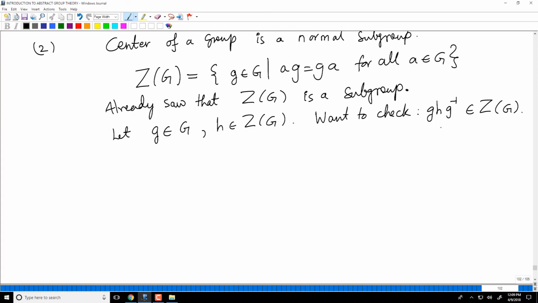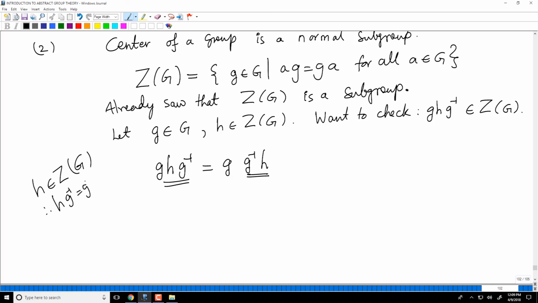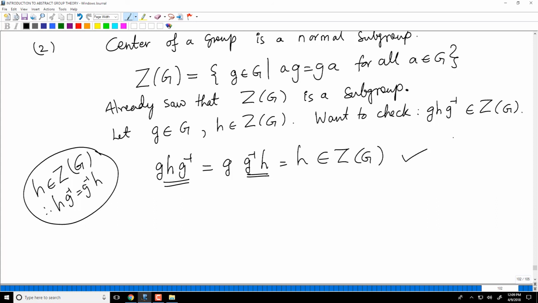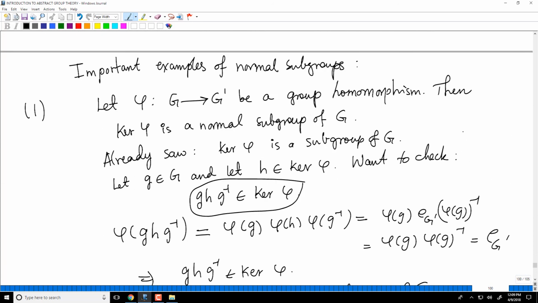It's much easier than this, because you want to check that g h g inverse is in Z(G), but because h commutes with everything, this is g times g inverse times h, right? h is in the center, so h g inverse is g inverse h. So I'm going to use that. So this is just h, which is taken to be in the center. So if g is in the group and h is in the center, g h g inverse is in the center. Okay, so the center is a normal subgroup and kernels are normal subgroups. So these are two very important examples of normal subgroups.